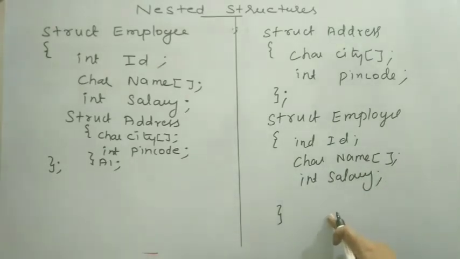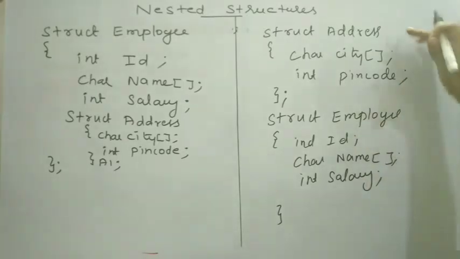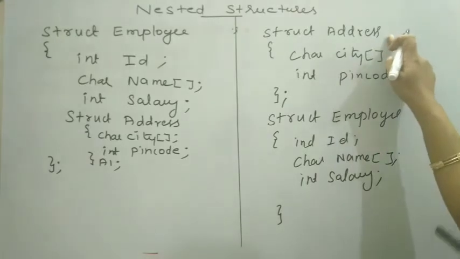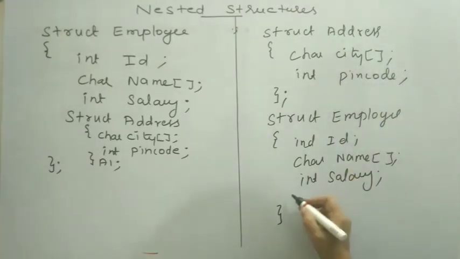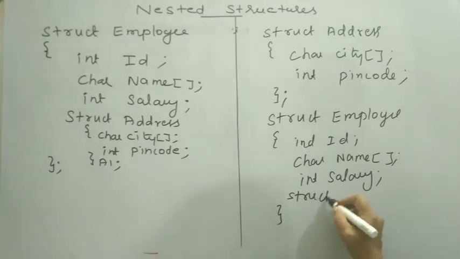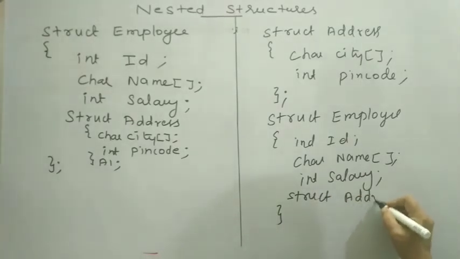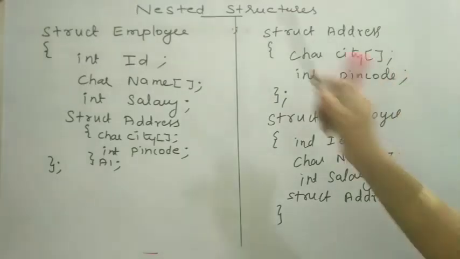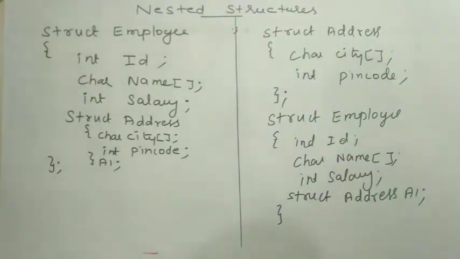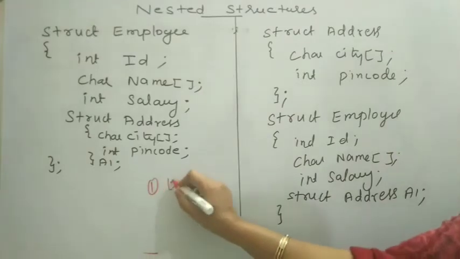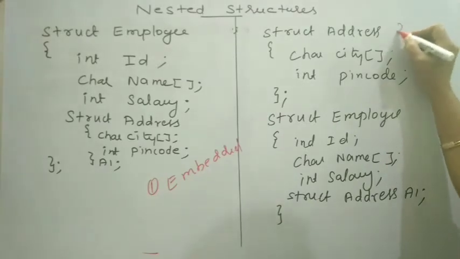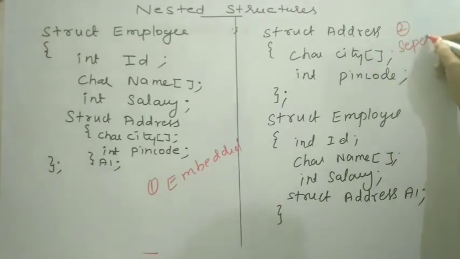In addition to this, I am going to include a structure variable of the structure address. How do we declare a structure variable for this structure address? struct address A1. So we have discussed two methods to define our nested structure. The first one is using embedded structures. The second method is using separate structures.